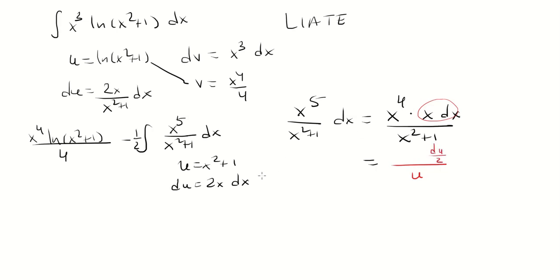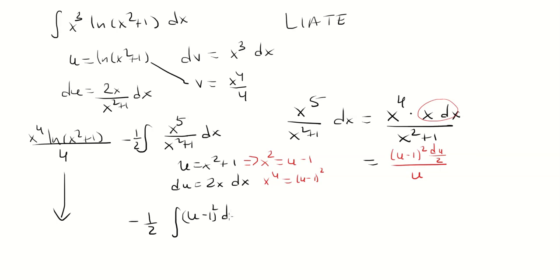And then x to the fourth, well, I know that x squared is u minus 1. So x to the fourth is u minus 1 squared. So then we're going to have the negative 1/2 still. And then we have u minus 1 squared du over u. And actually, we're going to multiply the 1/2 outside by the other 1/2.